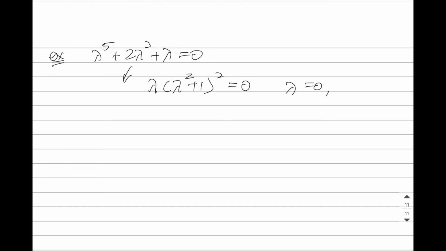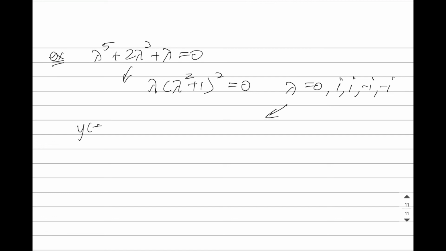For example, if I have lambda to the 5 plus 2 lambda cubed plus lambda is 0. This could be factored as lambda times lambda squared plus 1, squared, is 0. So lambda is 0, i, i, negative i, negative i.